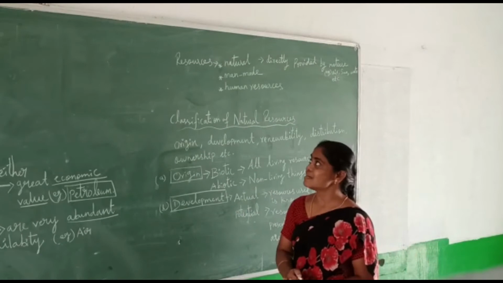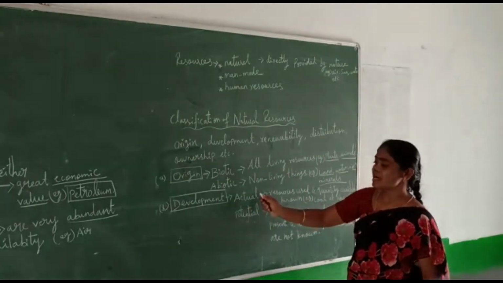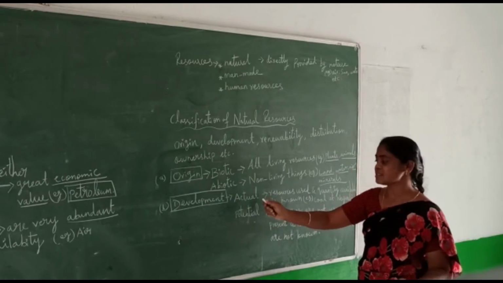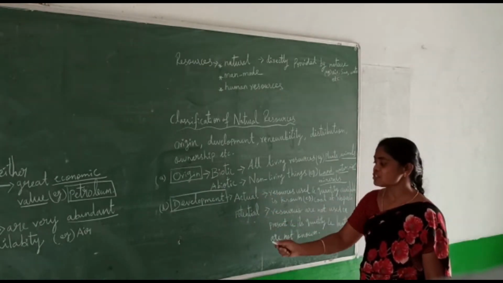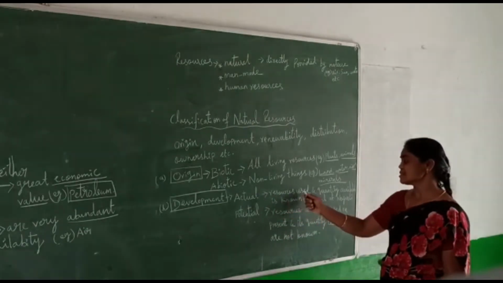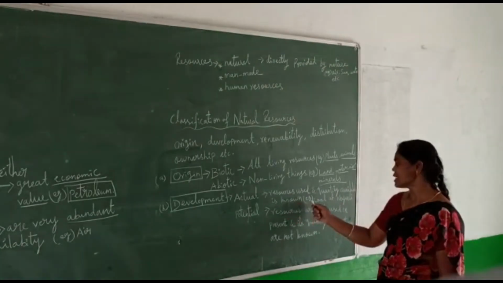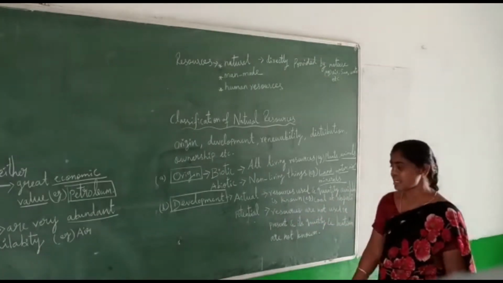Next we will see the development. Development is divided into actual resources and potential resources. Actual resources are used, quantity available is known, example coal at Neyveli.